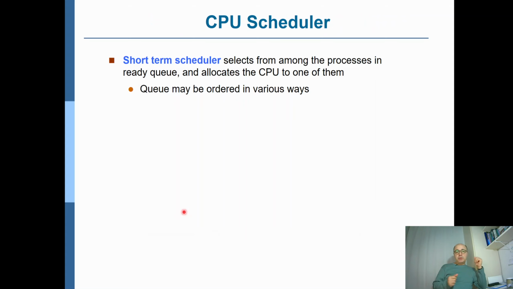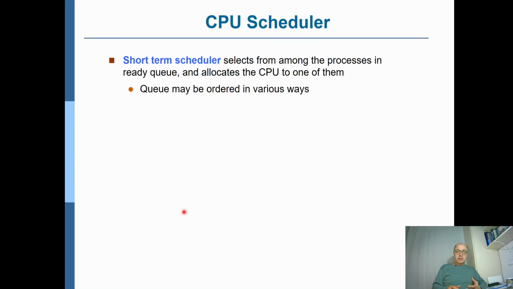So the CPU scheduler, remember we also call that the short-term scheduler, is a scheduler that looks at the processes that are in the system, in the memory at that very moment, and decides who gets into the CPU and which processes are going to wait in the ready queue for their turn.